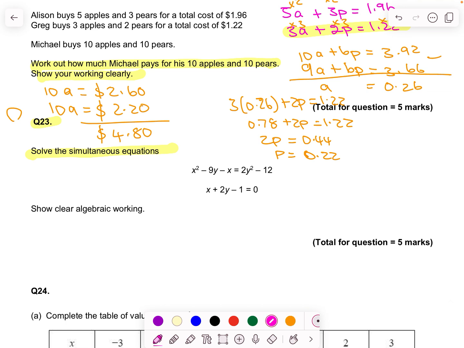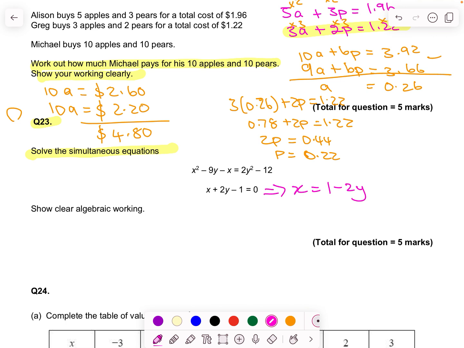So we're going to change it around. So leave x on this side, and then take the 2y and the -1 to the other side, so that I get 1 minus 2y on the other side. So the signs just changed because I've taken it to the other side.